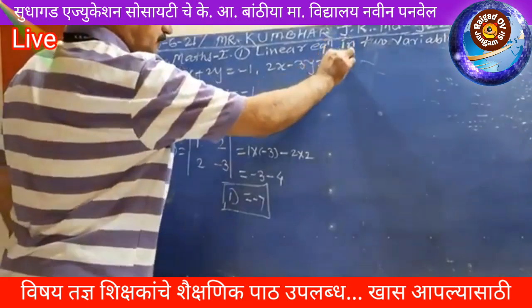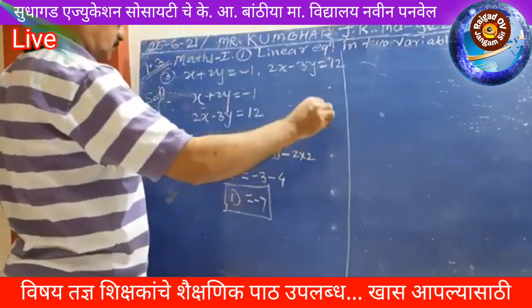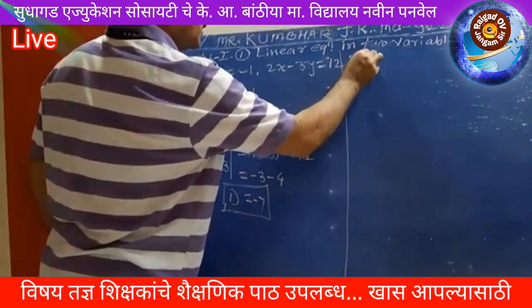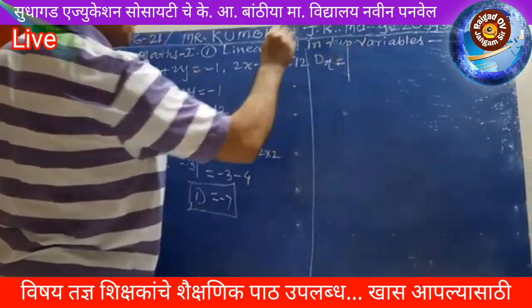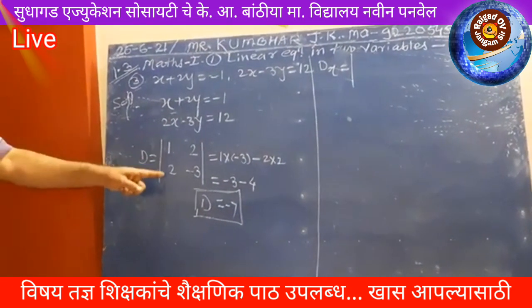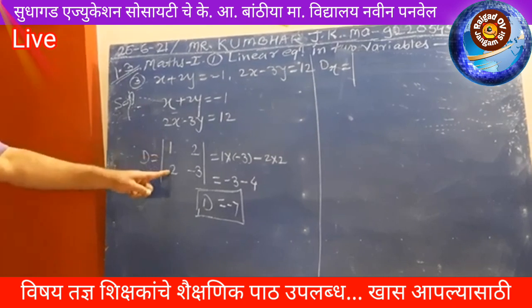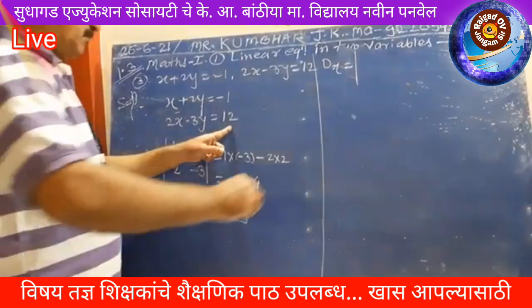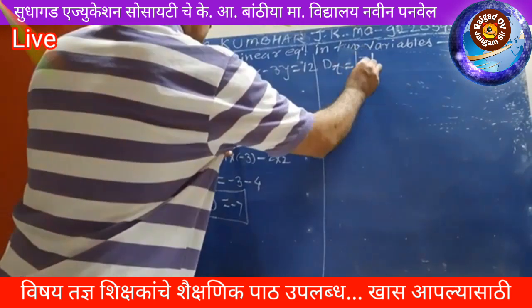Now dx. For dx, the x-column coefficients are taken out, and in their place we write the constants minus 1 and 12.